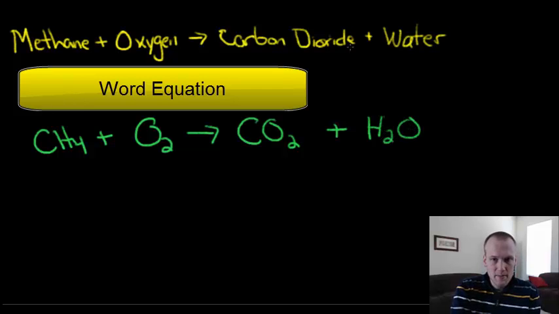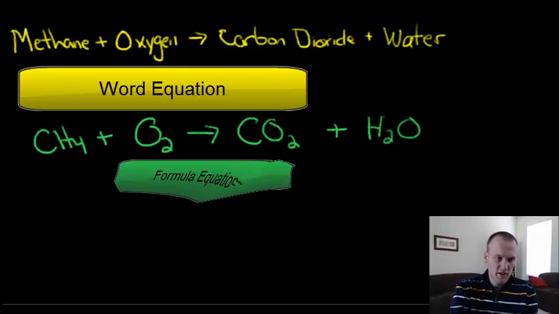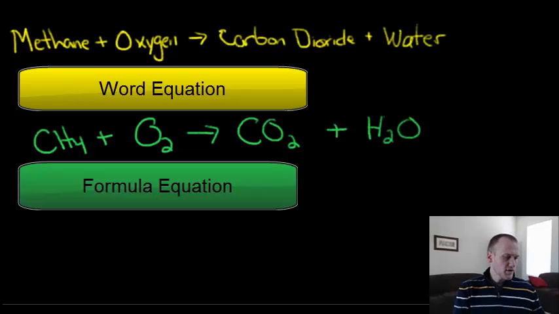So this up here is our word equation. This is our formula equation. And basically the formula equation is just taking those words and turning them into formulas. So far, we have 2 ways to represent a chemical reaction: a word equation and a formula equation.